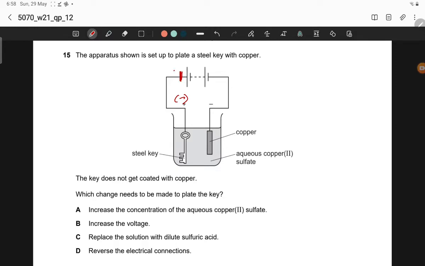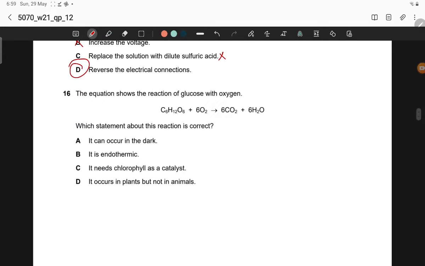This is the negative terminal, and this should be positive. Increasing the concentration of the copper 2 sulfate is incorrect. Increase the voltage, or replace the solution with dilute sulfuric acid, are also wrong. Reverse the electrical connection. This must be correct.